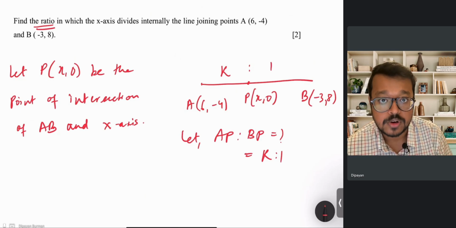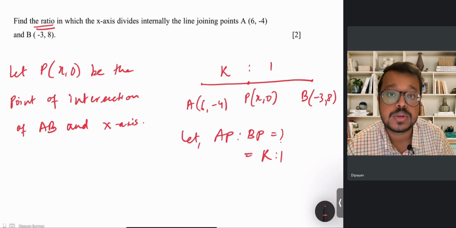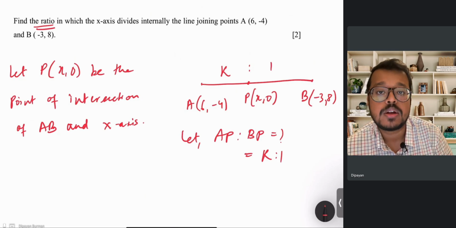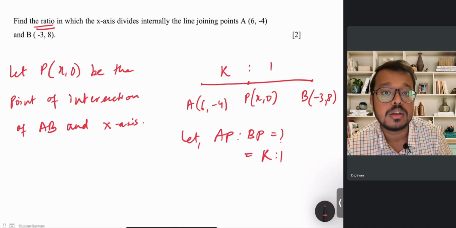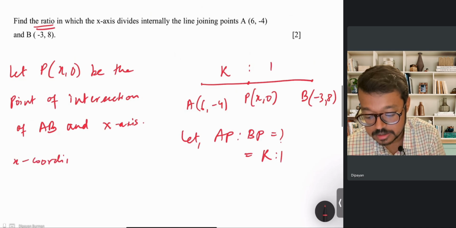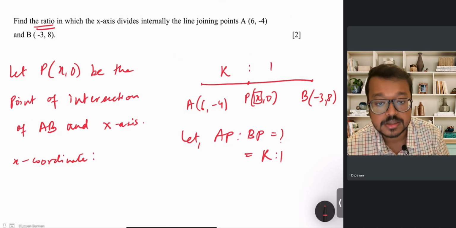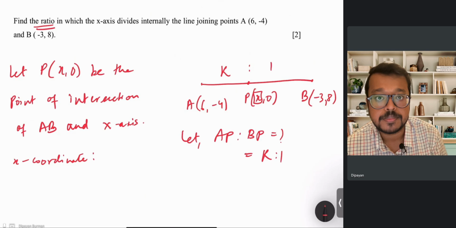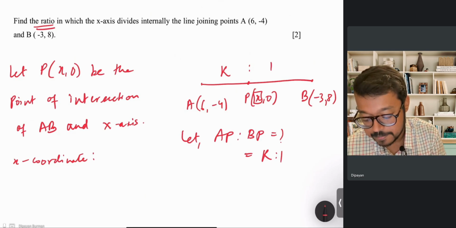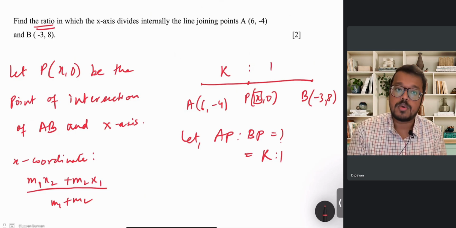Now according to the section formula, if the line segment AB is being divided by some point P in the ratio k is to 1, then we'll be able to figure out the x and y coordinates of that point in between. So focusing on the x coordinate, the x coordinate of P is already, I'm assuming, to be x. So the section formula is (m1 x2 + m2 x1) divided by (m1 + m2). This will give the x coordinate of the point in between.